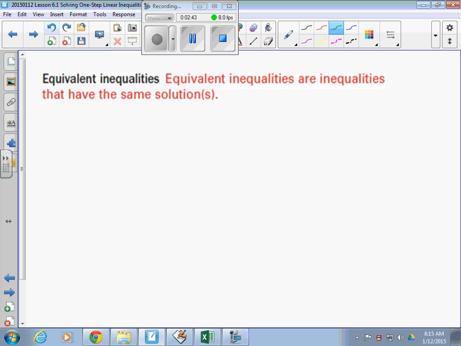The second definition is equivalent inequalities. They are inequalities that have the same solution. So if you have 2 plus x is greater than 3, this is equivalent to x is greater than 1.